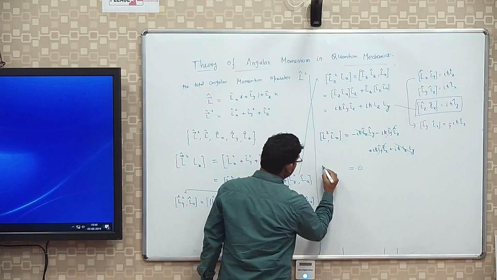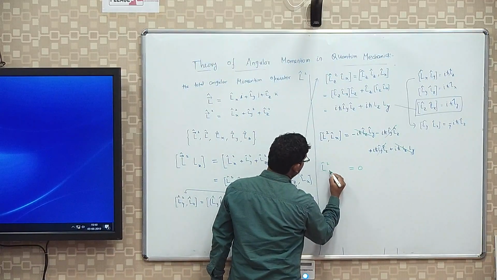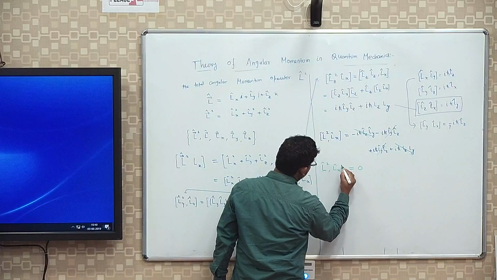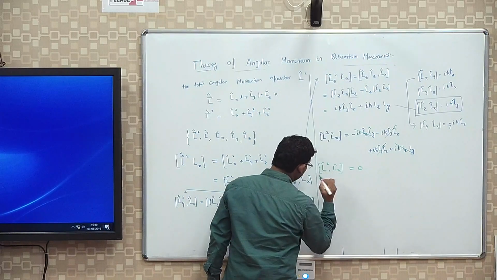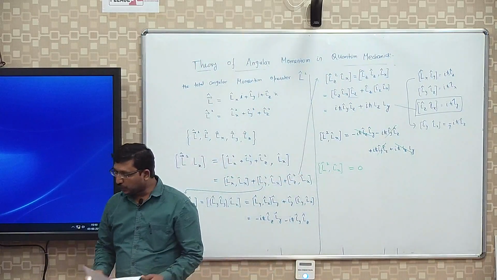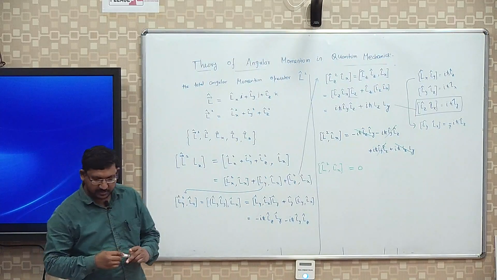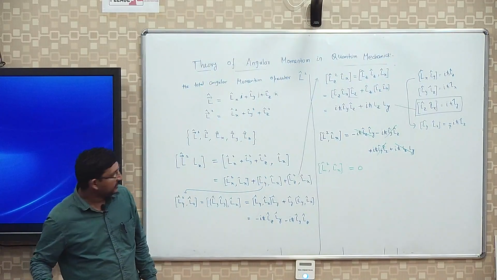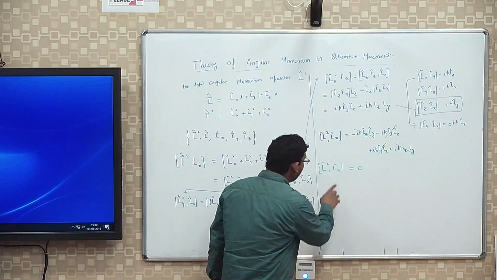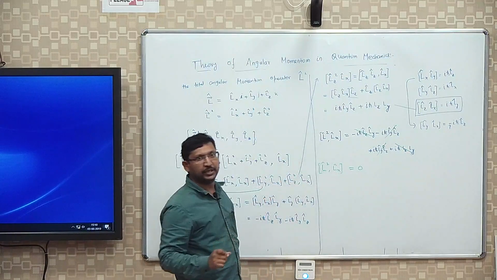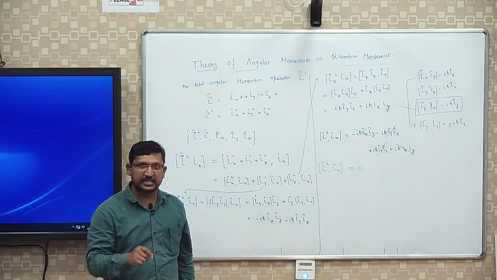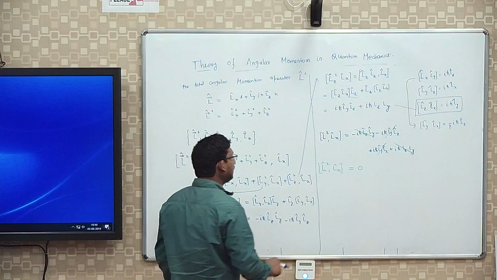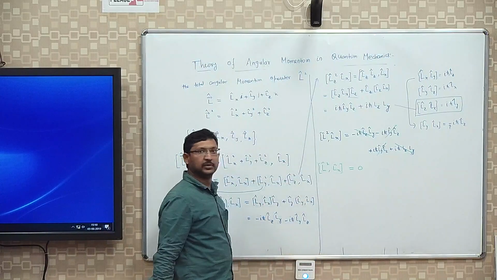So what we understand from this is that the total angular momentum of the system L² and the angular momentum of a particular component, either x or y or z, can be measured simultaneously.